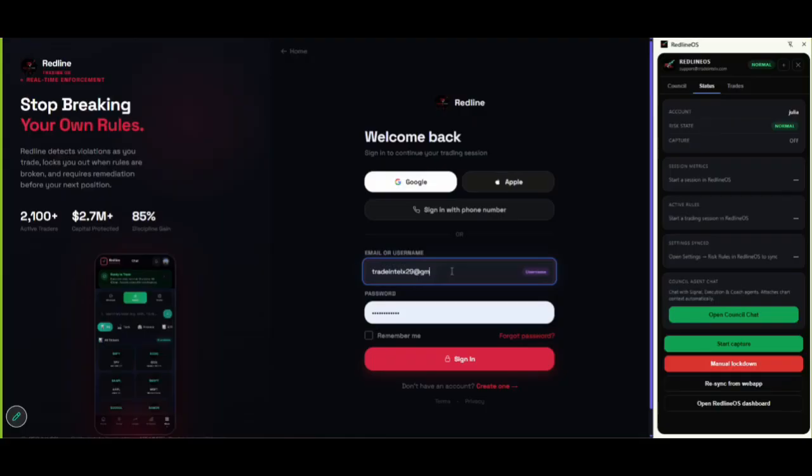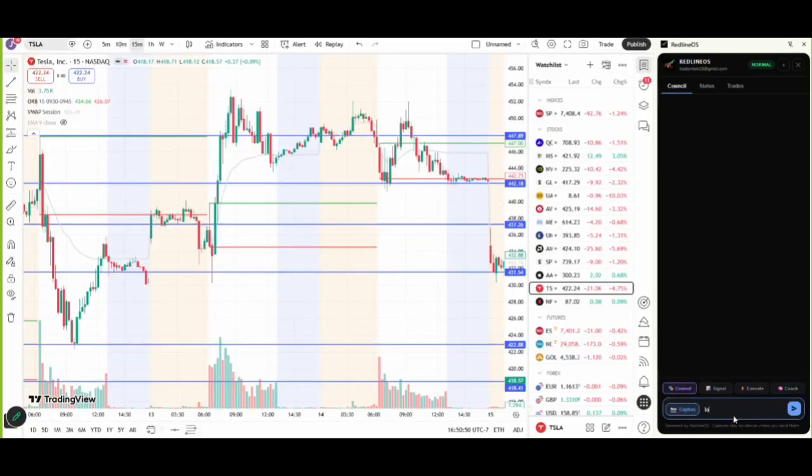All right, let's see if we can actually ask our agent what it's looking at. Looking at the current chart, what would be a good stop loss and a good take profit?